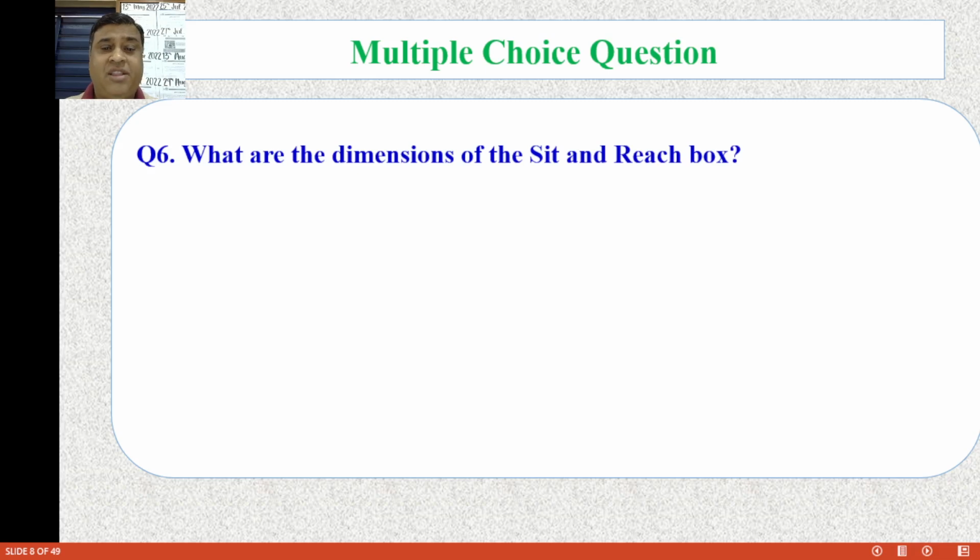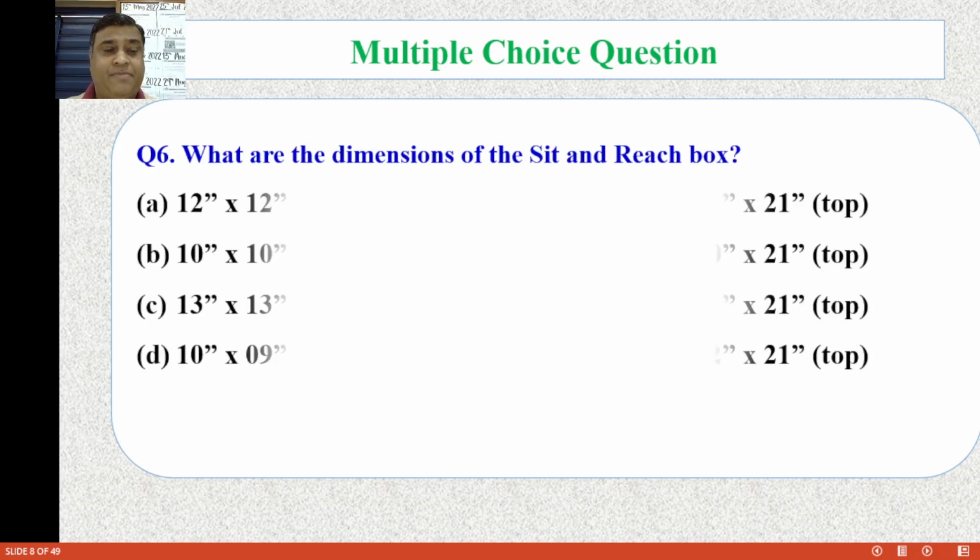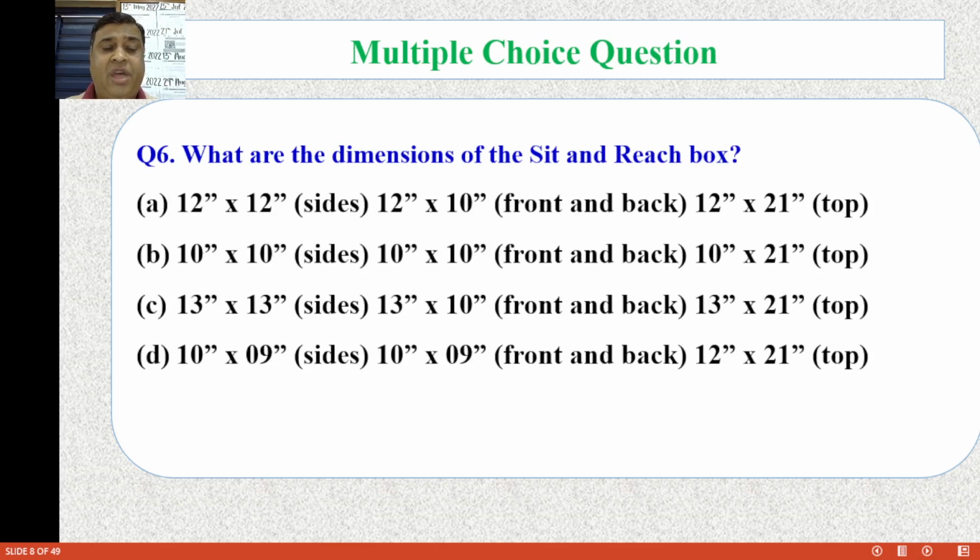Question number 6: What are the dimensions of this sit and reach box? Option A, 12 into 12 inches on the sides, 12 into 10 inches in front and back, and 12 into 21 inches on top. Option B, 10 into 10 inches on the sides, 10 into 10 inches in front and back, and 10 into 21 inches on top.